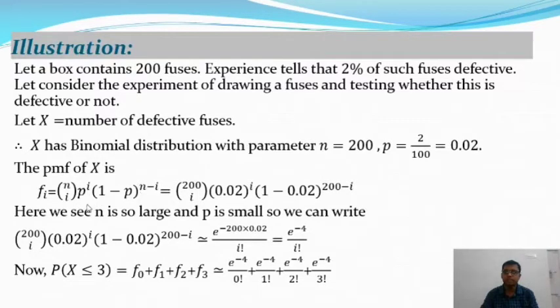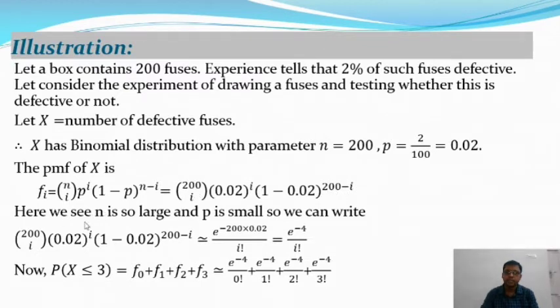This is the probability mass function of the binomial distribution, where p is equal to 0.02 and n is equal to 200. After putting the values of n and p, we get 200Ci (0.02) to the power i into (1 minus 0.02) to the power 200 minus i.